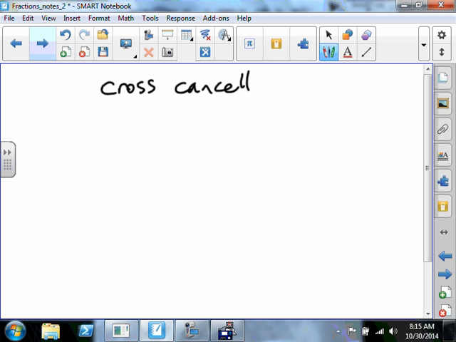Cross-canceling. If you had something like 3/8 being multiplied, and we haven't talked about multiplying fractions yet, but we will, by something like 75/102, and that was being multiplied by something like 64/51, what we should use and could use and ought to use is this idea of cross-canceling.